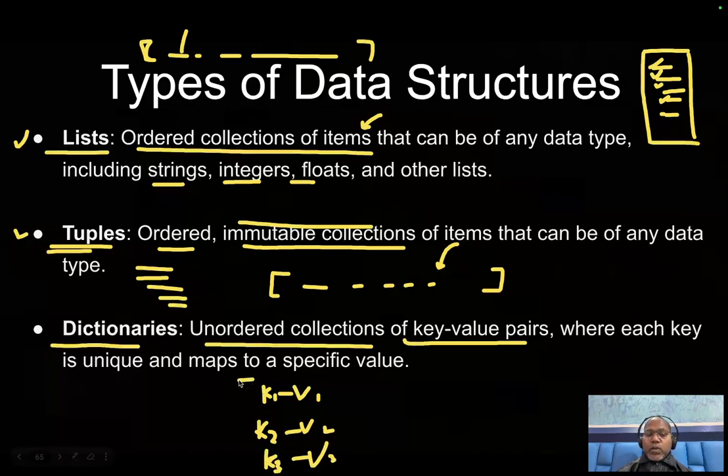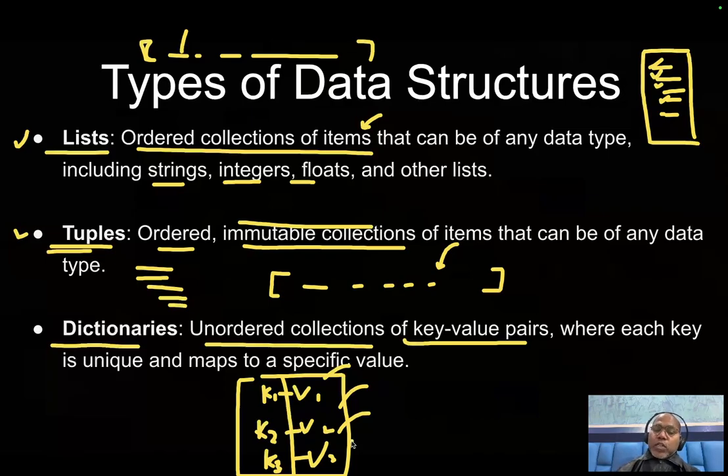In this way you maintain a mapping between your keys and values. Whatever values you store in this data structure, you must associate each value with a unique key so that your value can be quickly accessed.